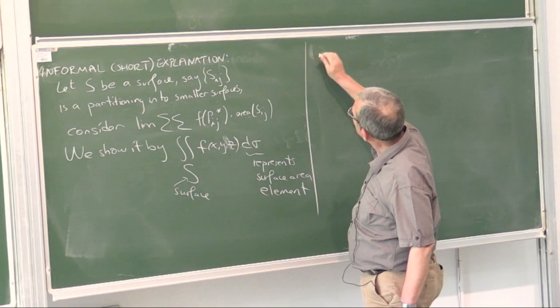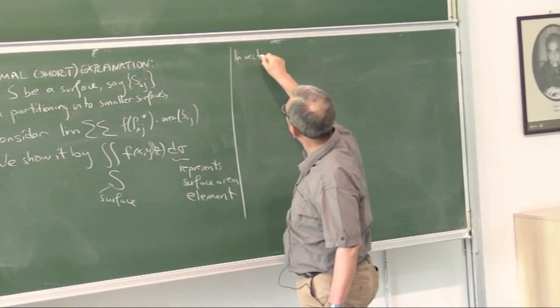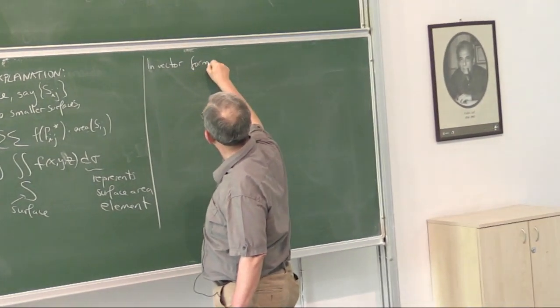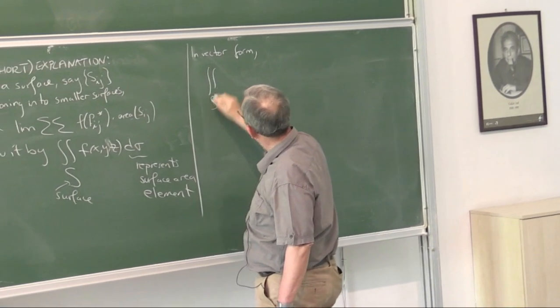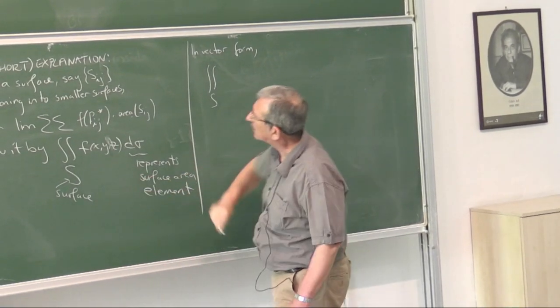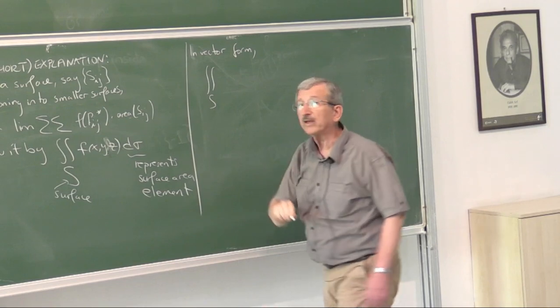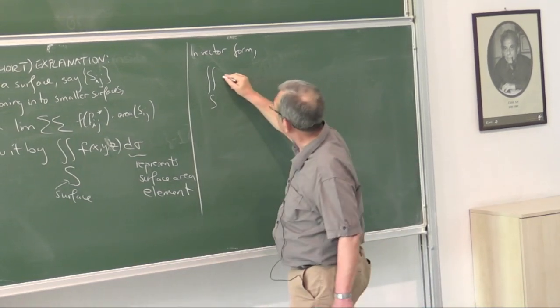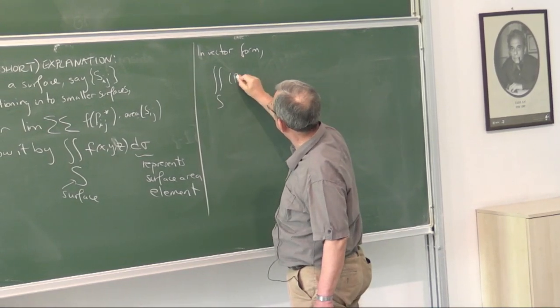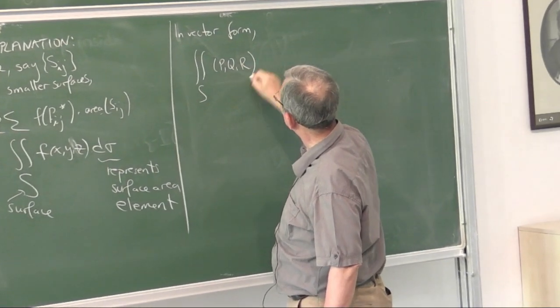In vector form, we have the integral over S, the surface integral, of a vector, namely F = (P, Q, R).